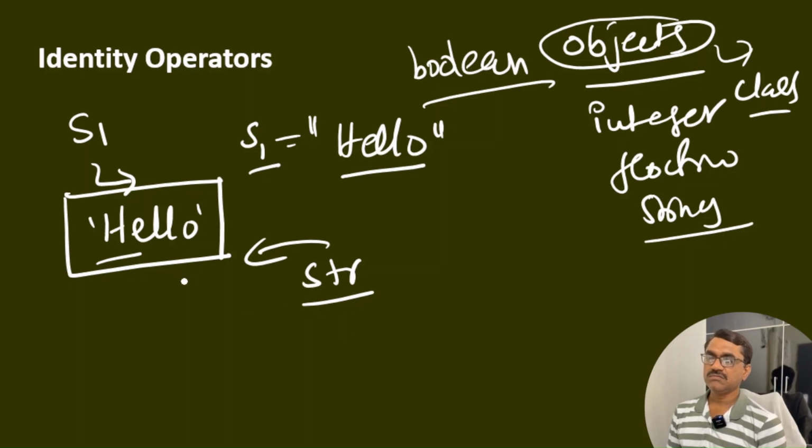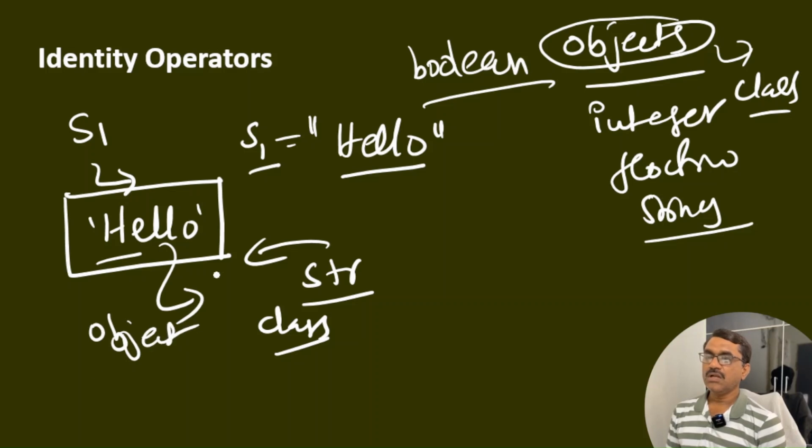I can say s1, or hello, is an object belonging to the class string. The class is string, right? Hello is one kind of string. So string is a class and hello is an object. Another important thing is that whenever an object is created and stored in memory, for each and every memory location, the system is going to provide an ID. This is very, very important. Some identification number, an ID value, is assigned to each and every object by the system.